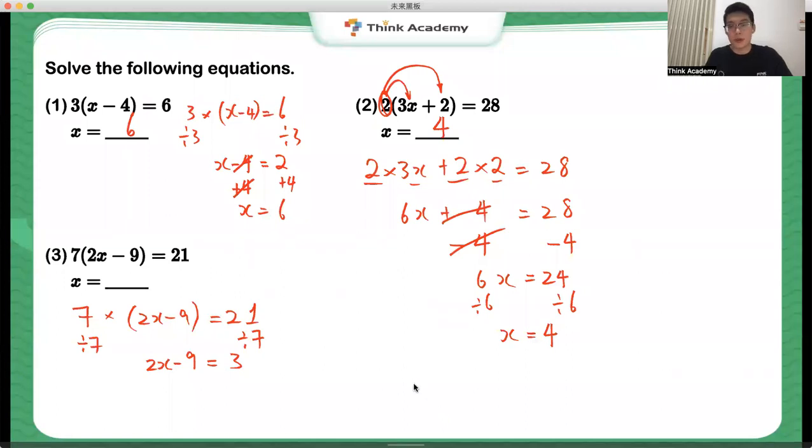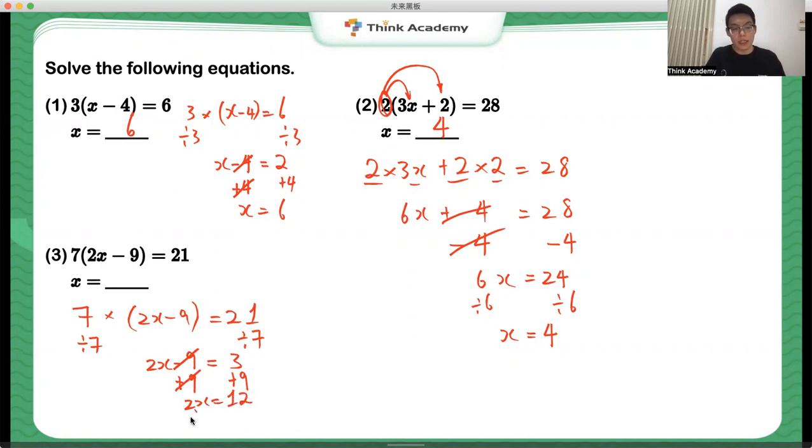And then the next step is, of course, getting rid of the number on the left-hand side because it's got an x term there. So I add 9 to both sides just to cancel out the minus 9 on the left-hand side. And the next step is going to be 2x equals 12.